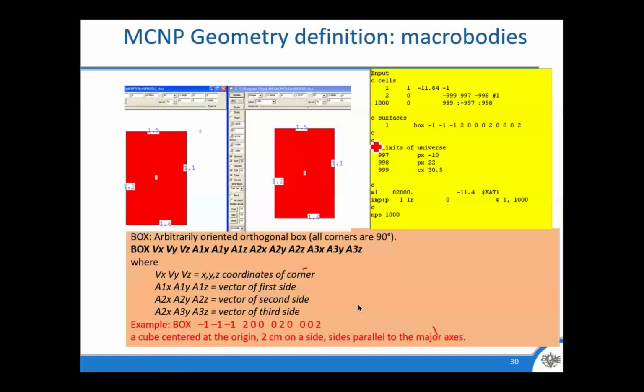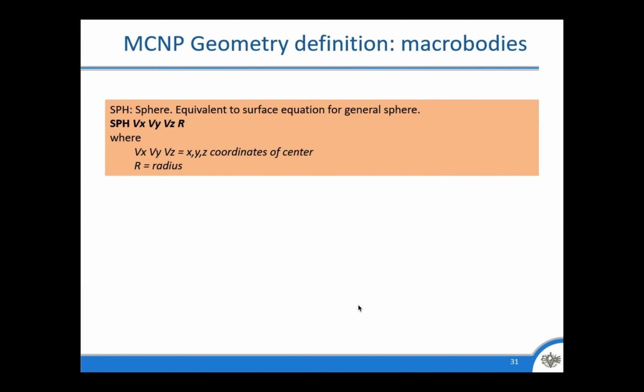You also see that in that case you just need one surface, the global envelope of the box, in order to create the inside volume of the box. So the sphere is quite obvious, it's already a macro body. It's a little bit stupid to have it doubled, but okay.